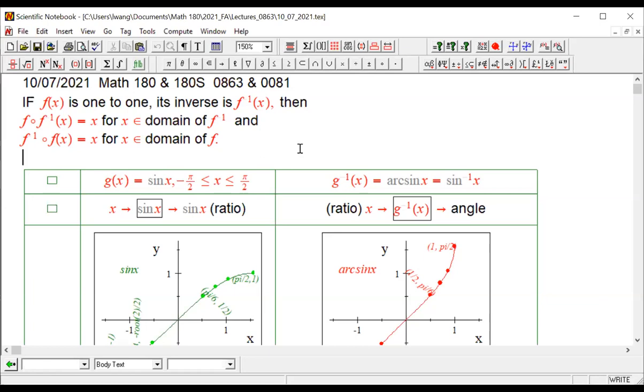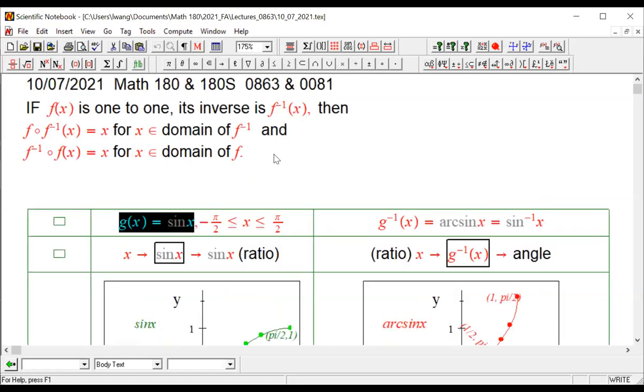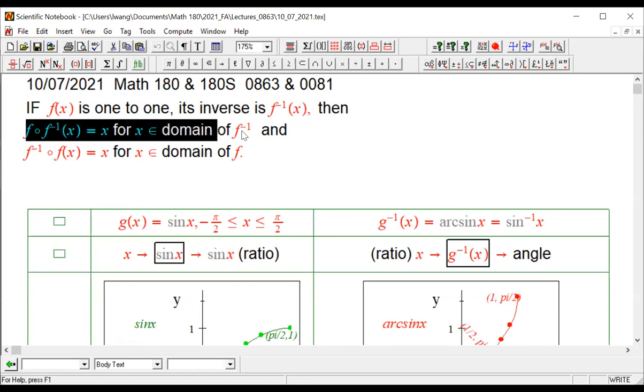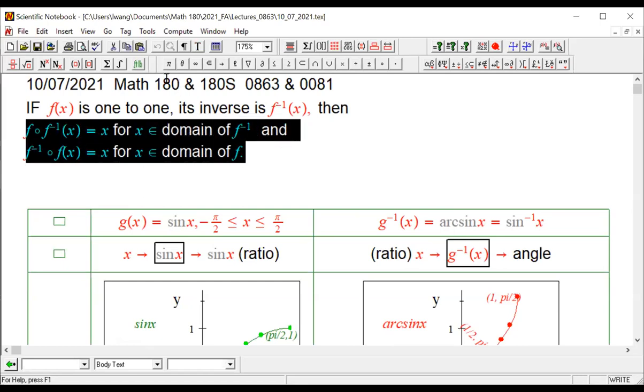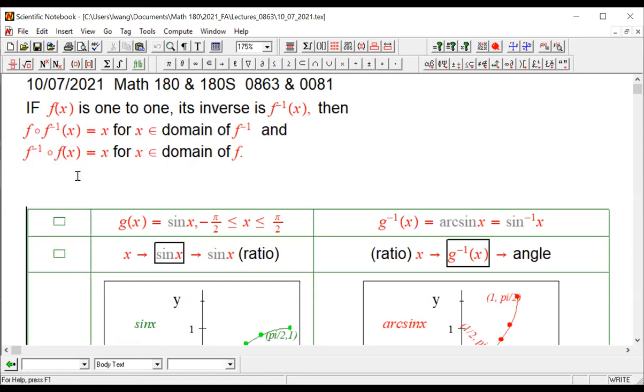Because you will encounter problems. So in the situation that we have G, let me make it 175%. It applies to G. Let's see how it applies to G, so let's do this together.